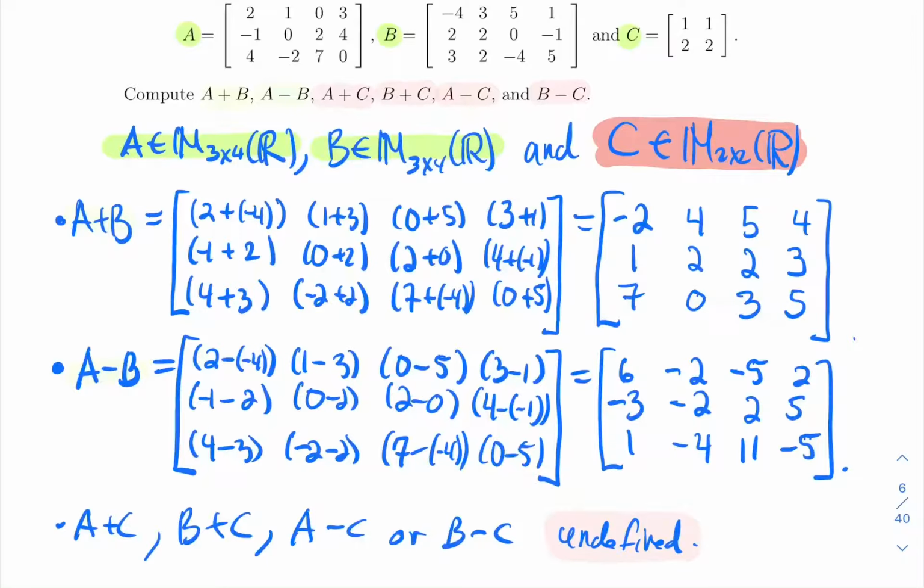You can specify why they're undefined: either the number of rows or columns or both are not the same. So all these operations, A plus C, B plus C, A minus C, B minus C, are undefined. But A plus B and A minus B, we were able to compute because they have the same size. So that's it for addition and subtraction.